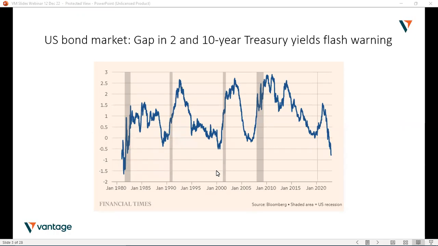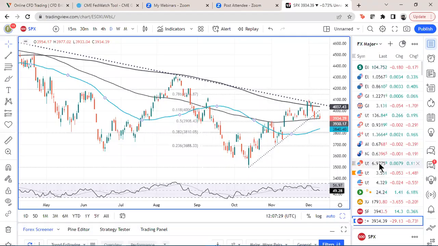So interestingly, the US 10-year yield tested the 50% retracement on the August-October move higher. That was at 3.42%, and that coincided with an incoming downward trend line. In fact, before we look at the graphic I've got at the moment, I'll just take you to the 10-year.